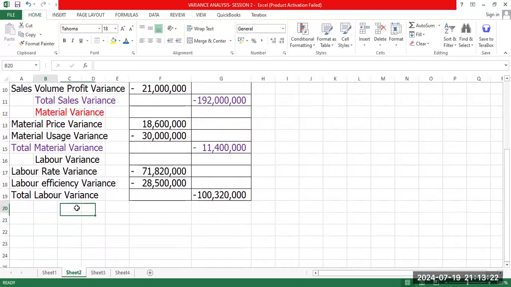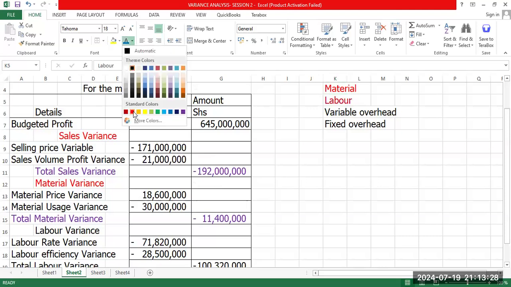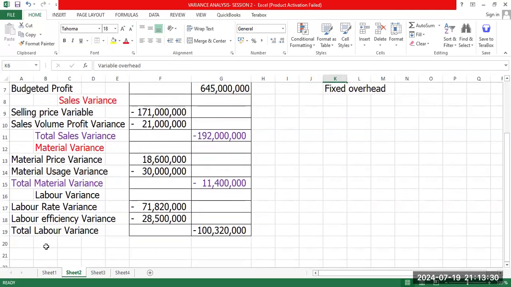We proceed to the next. Now we are done with labor. We go to variable overhead variance.